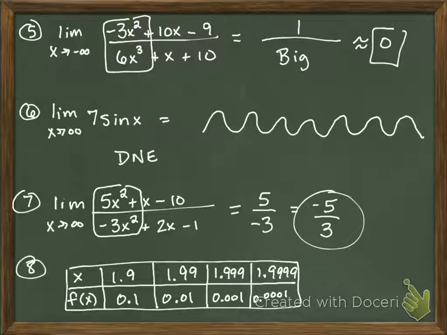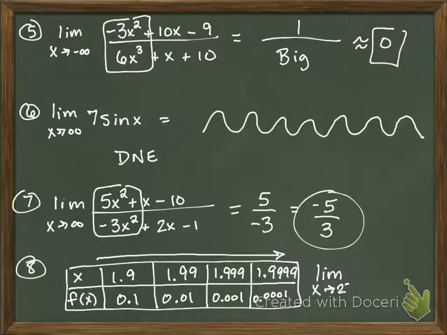So the question I got to ask is, what is x approaching? 2. So the limit as x approaches 2, is it just 2? Is it from the right hand and the left hand? No. Where am I approaching 2 from? The left. 1.99 is on the left hand side.